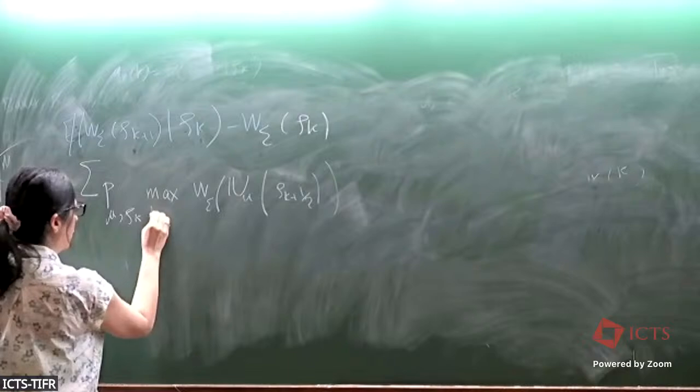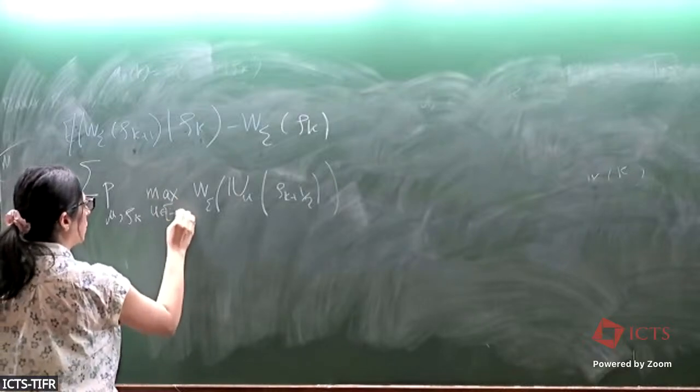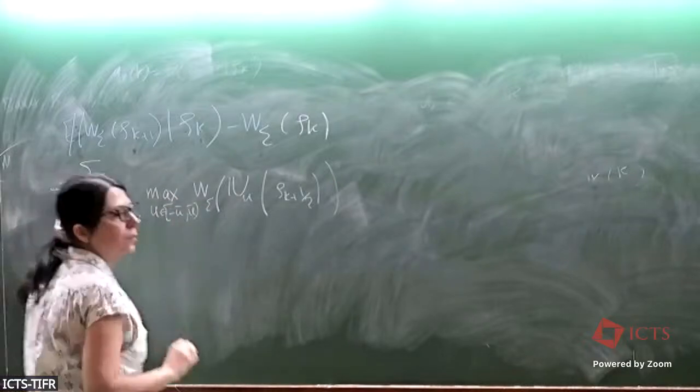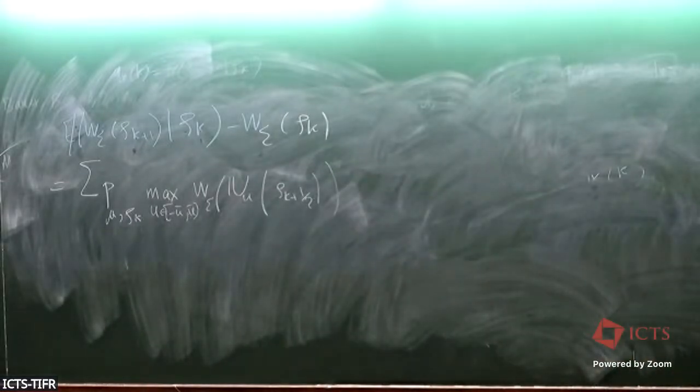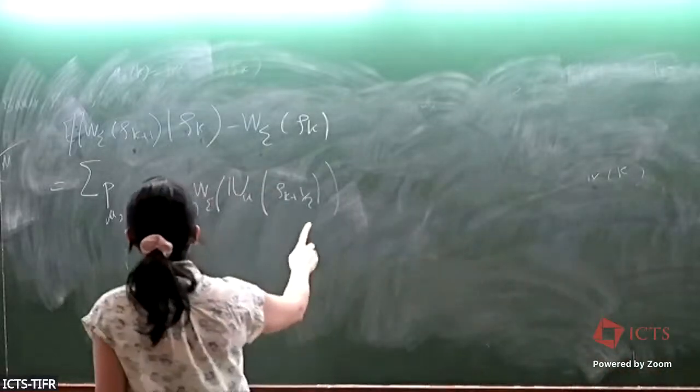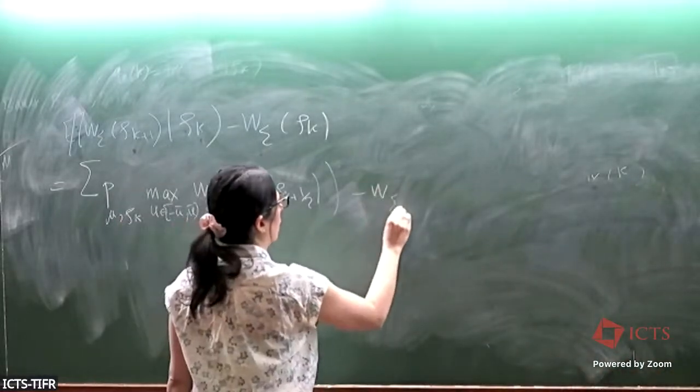And suppose that you fix your interval for your control, because in practice the control is bounded. And minus w epsilon rho k, right? So this is the expectation of w epsilon rho k plus 1 knowing rho k, minus w epsilon rho k.